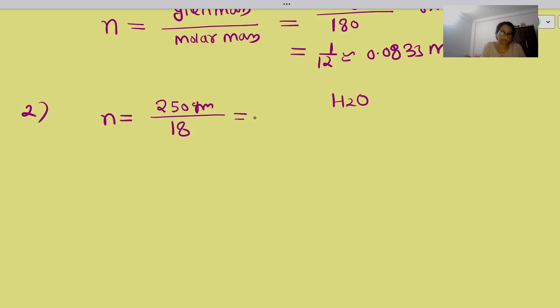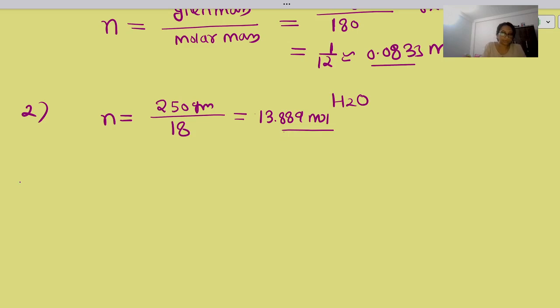On calculation we will get approximately 13.889 mole. That means we have two values of the mole, one for the solute glucose and another for the solvent.